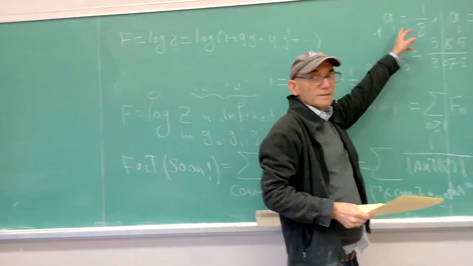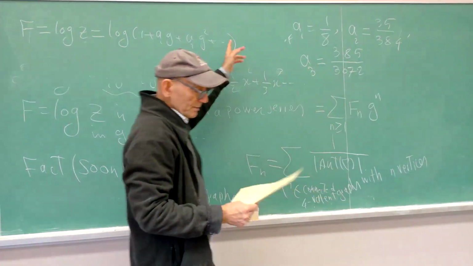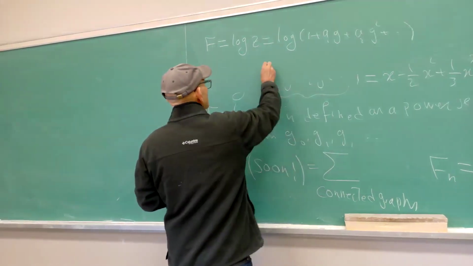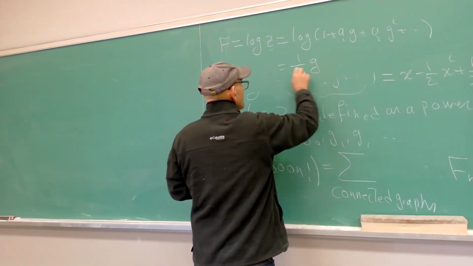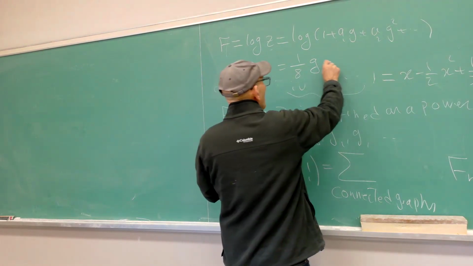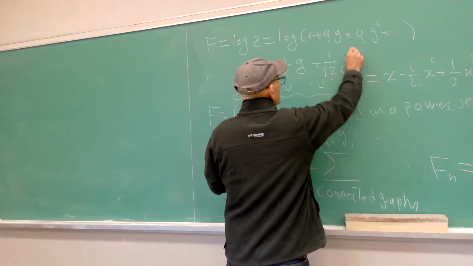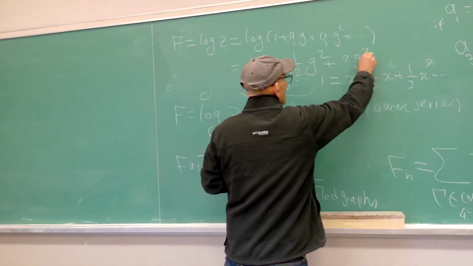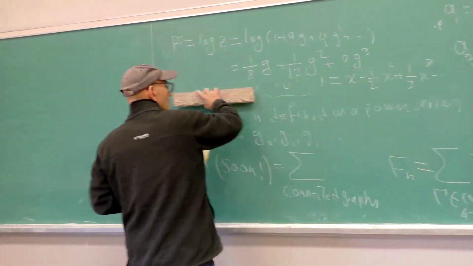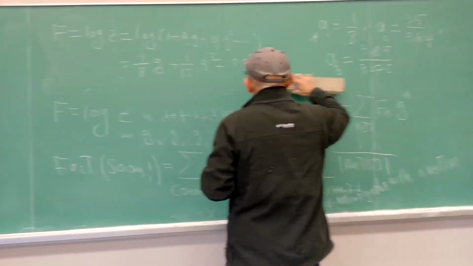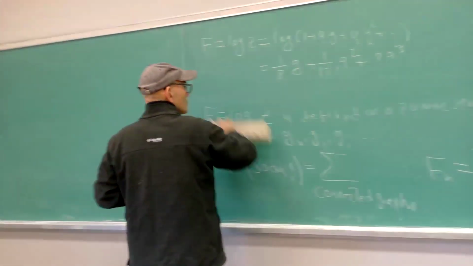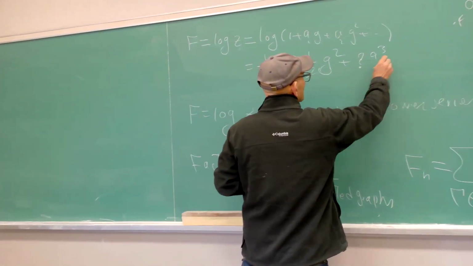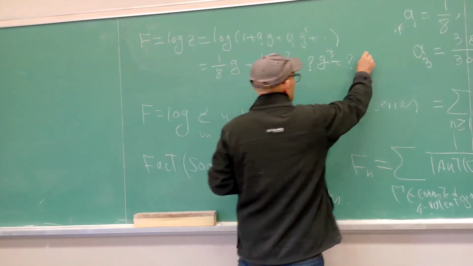If you use these values towards this formula, then you get an expression which starts with 1 over 8 G, this is obviously A1, plus 1 over 12 G2. And then some coefficient G3 plus some coefficient G4, which are more complicated to compute, but it's just calculus to compute those higher order terms, that's okay.